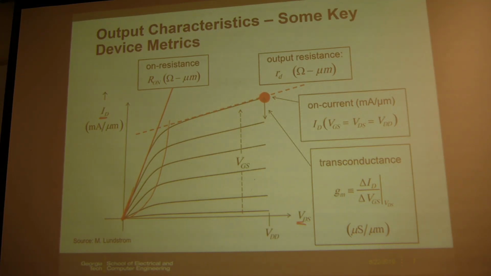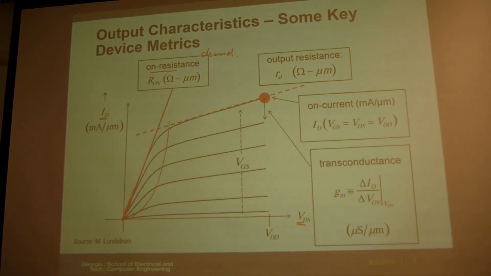So that is a resistor. A resistor is a linear relationship between the current and the voltage. So then you can take the slope here. This is the channel resistance. The slope is the on-state resistance for the channel in the triode region. And we use big R on for this one.